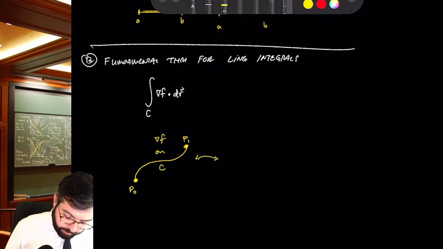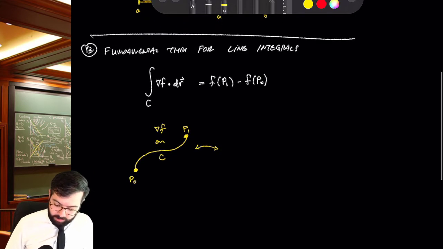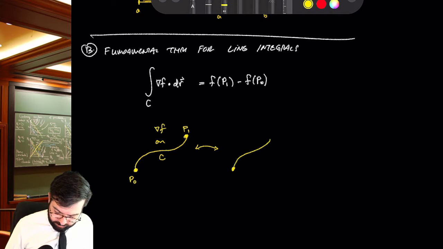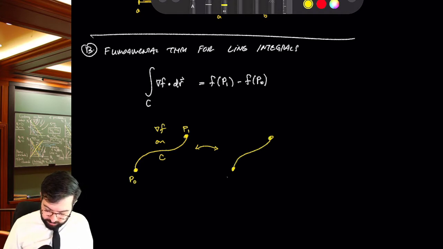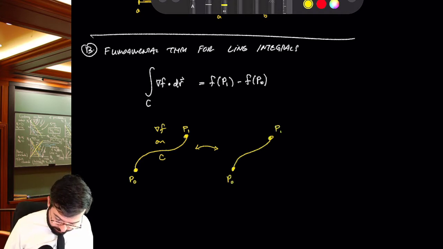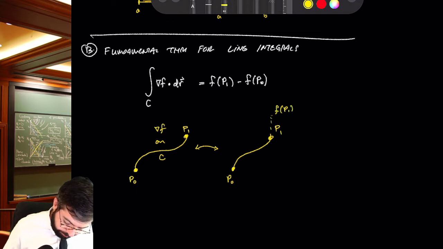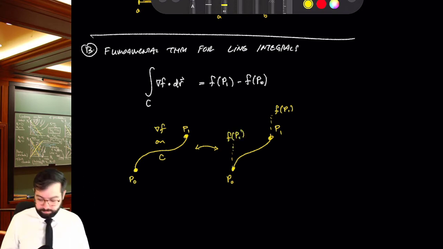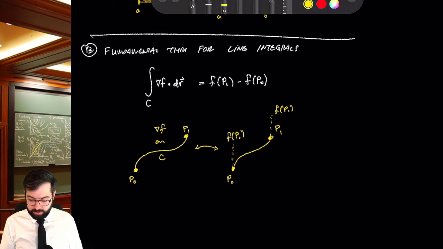And this equation related it to what? The values of the function at P1 minus P0. And so you can think of this as, again, an equation relating the integral of the derivative. And I'm using these heights as imagery for just the value of the function. These dotted lines.